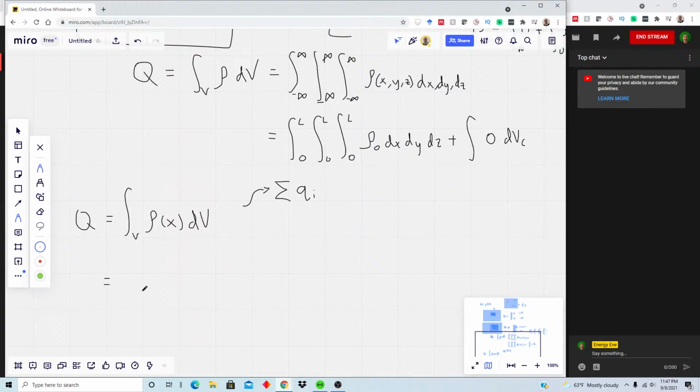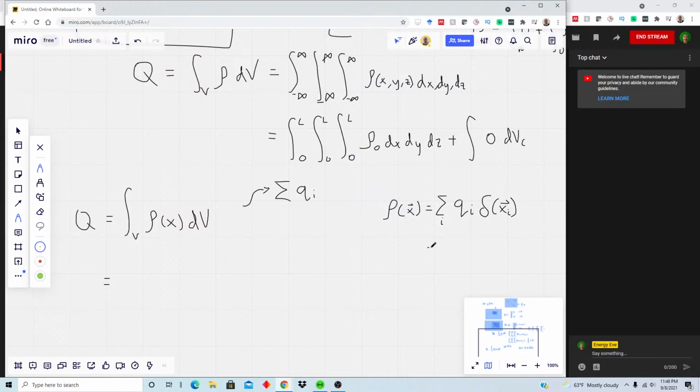So one way to get around it is the usage of Dirac delta functions, where this could still be a sum, but we now have a delta function to tell us whether we actually have a point there or not.